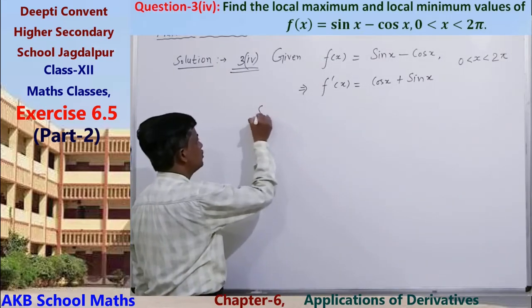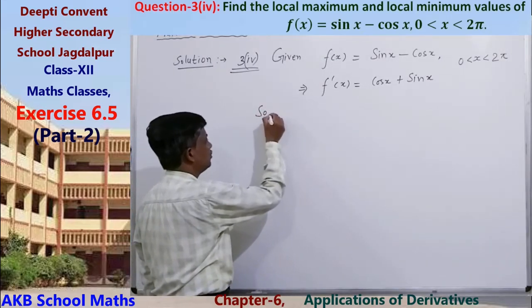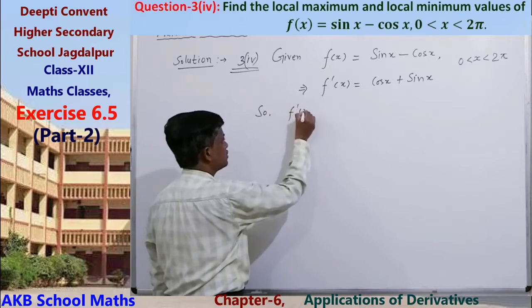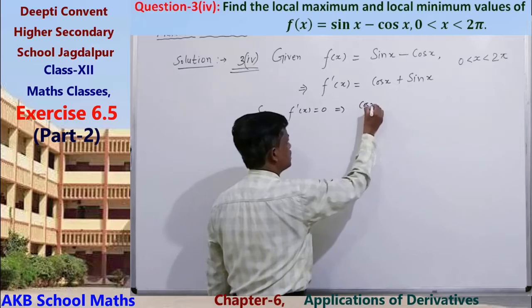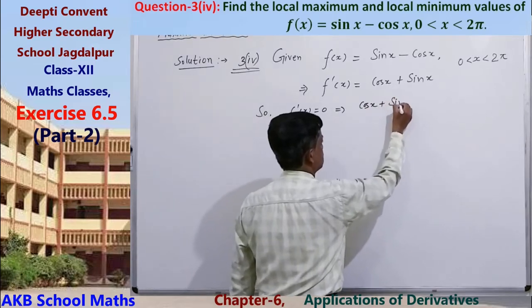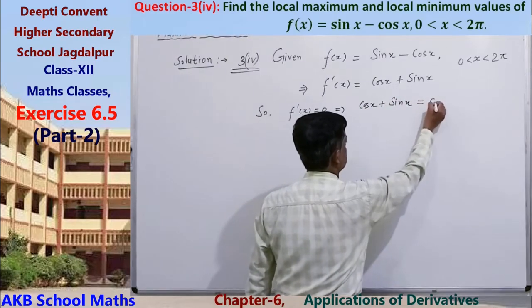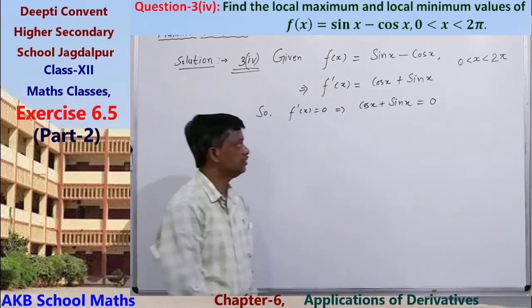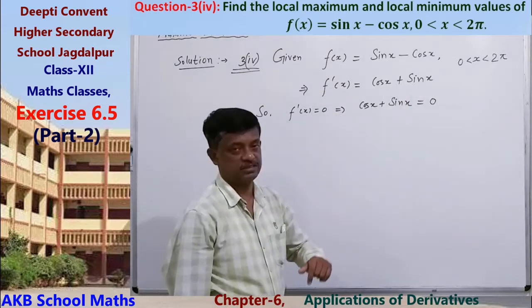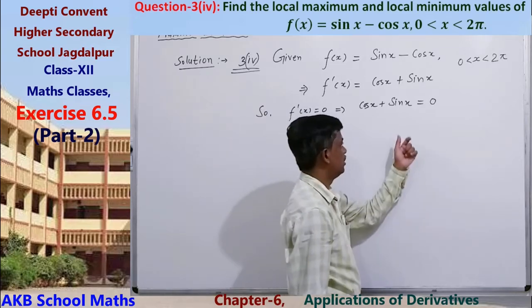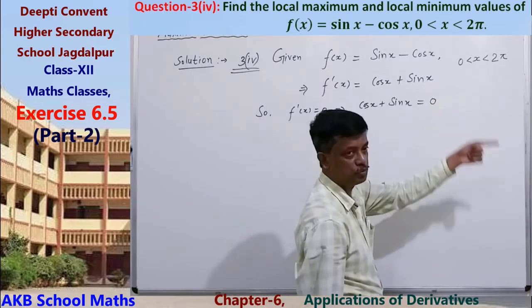So f dash x equals 0 implies cos x plus sin x equals 0. From here we have to find the value of x, which should be between 0 and 2 pi.